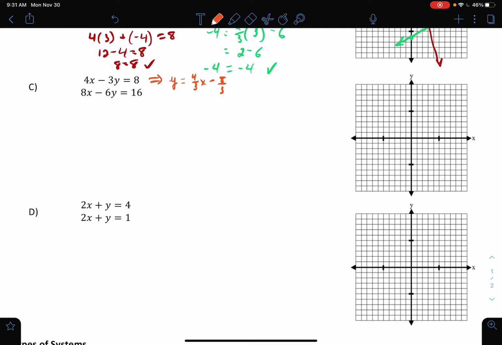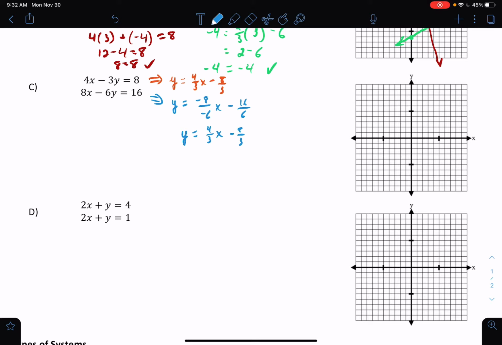And then for the second equation, subtract 8x, divide by -6. So I'll get -8 over -6 x minus 16 over 6. If I simplify this second line, you'll notice it's 4/3 x minus 8/3.